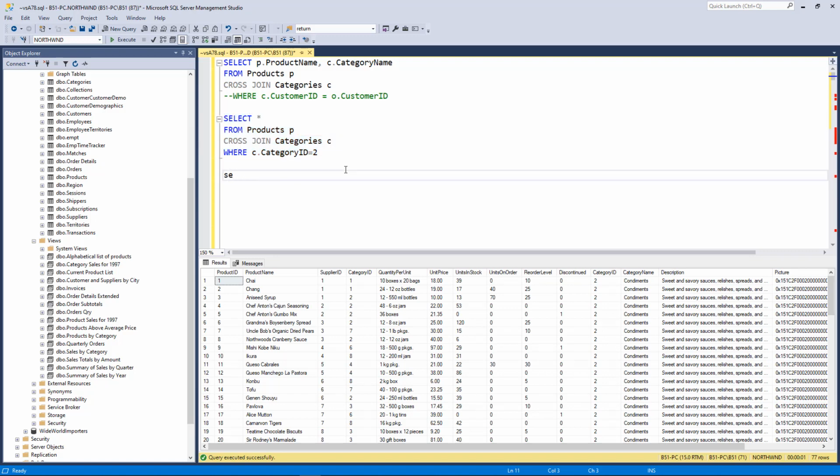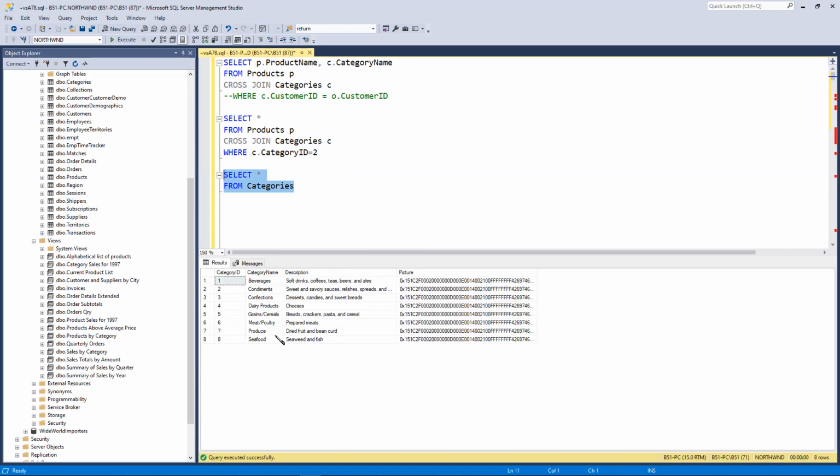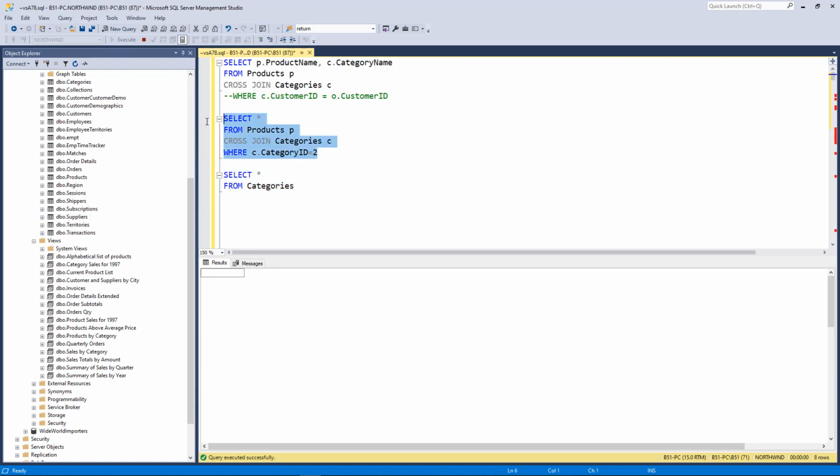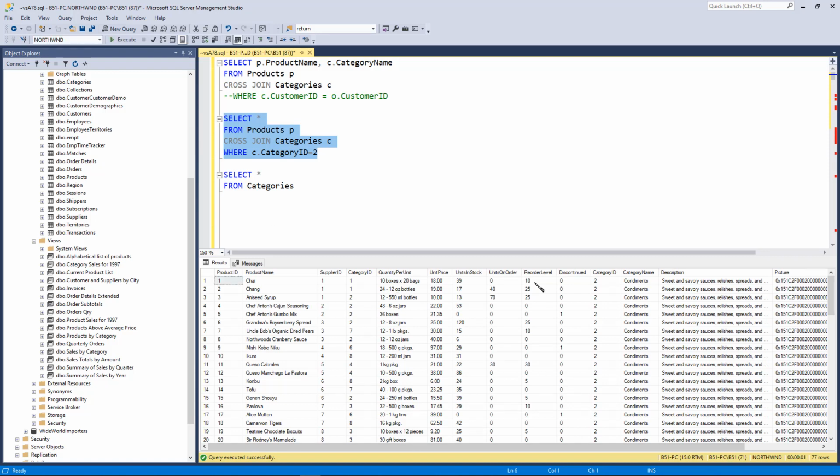The select asterisk from the categories, though in the categories we have only 8 rows, each row is multiplied 77 times. This is why if we look at category 2, condiments, and run it, when cross join, we see this condiments, and let's go to the category ID number 2.